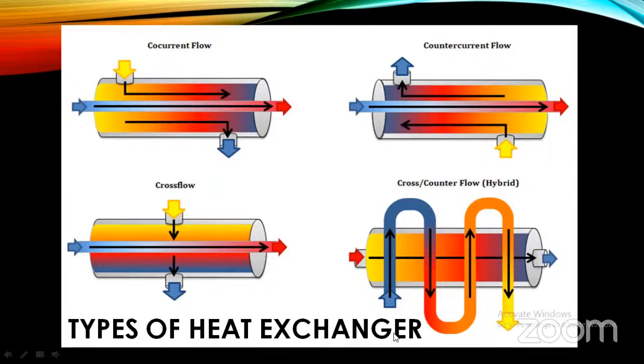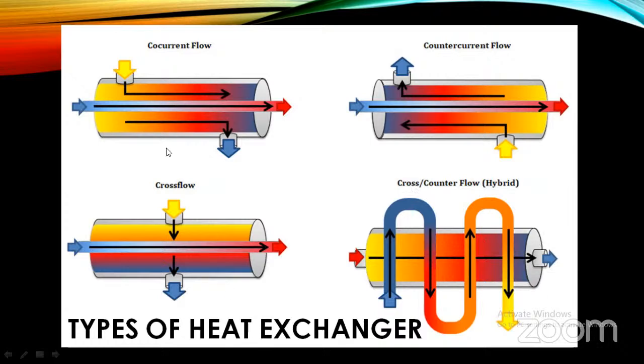So types of heat exchanger, we know there is a very wide variety of heat exchangers depending upon the flow, whether it is co-current flow or counter current flow, cross flow or cross counter flow.